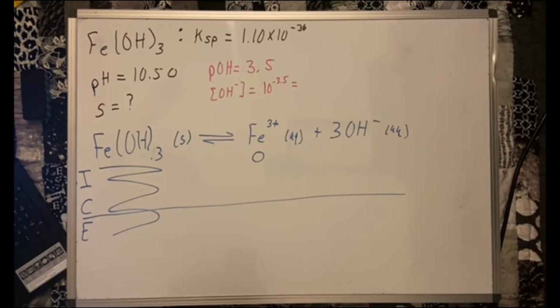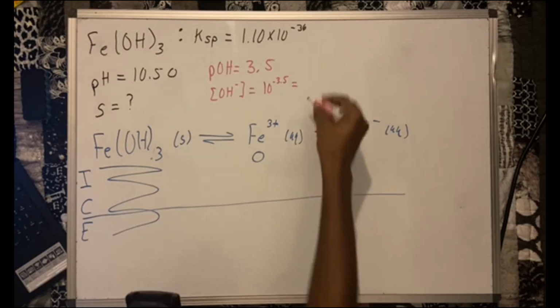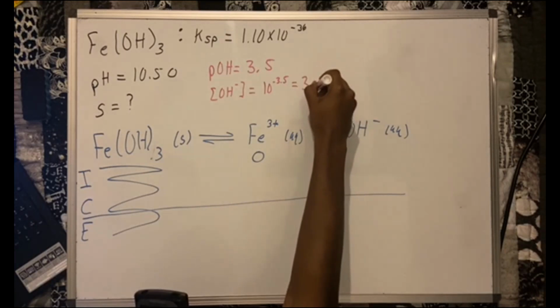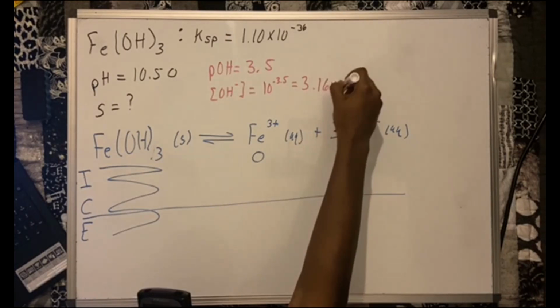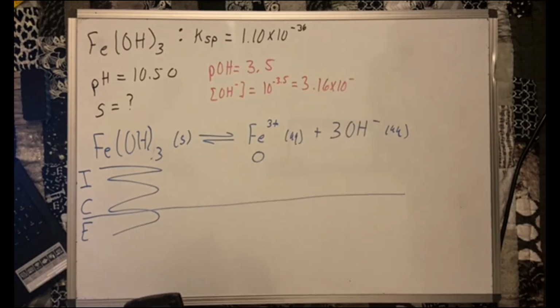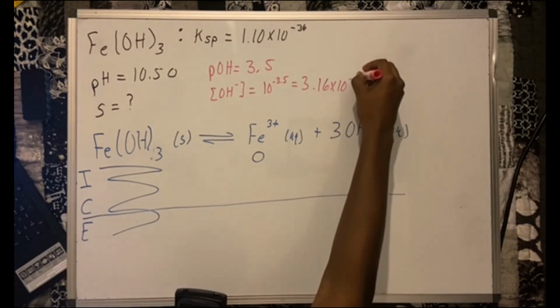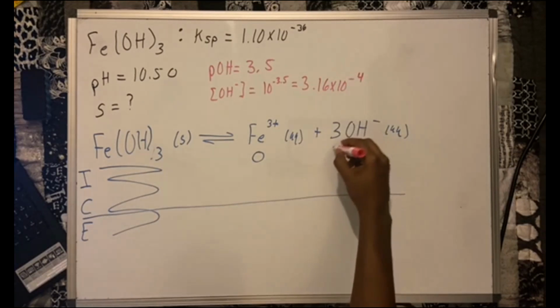Nothing new though. And I get 3.16 times 10 to the negative 4. Okay, so that's what's going to go right here.